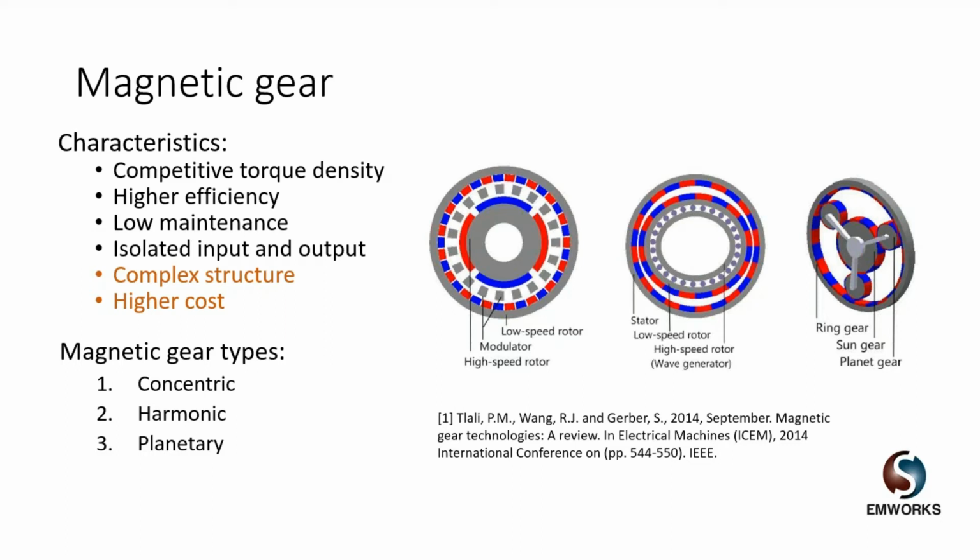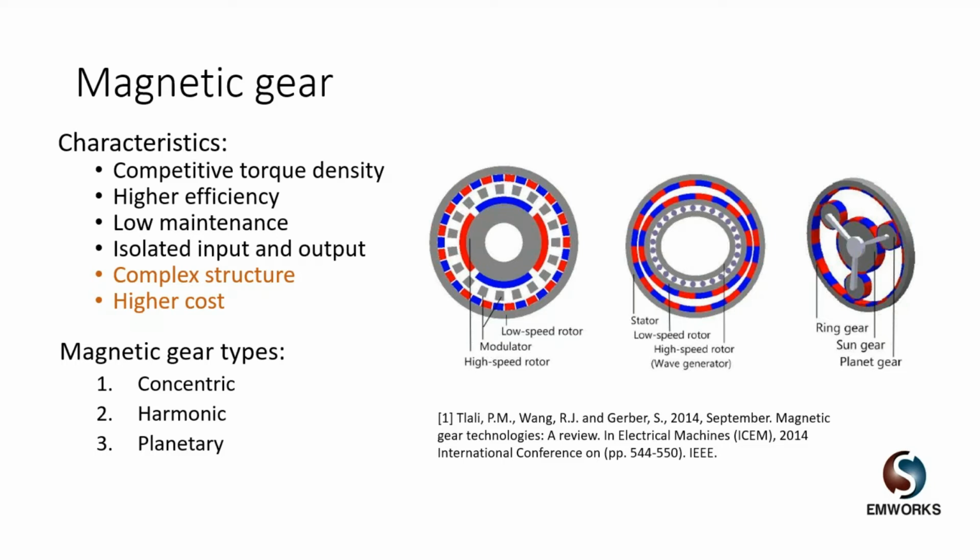However, magnetic gears offer higher efficiency because there is no direct interaction between the gears, and that fact itself takes out some of the losses associated with wear and the friction between the gears and so on. Another big thing is low maintenance. You don't have to lubricate the gears, you don't have to change the oil, and they don't break that easily. Another thing which is also important in some applications is the isolation between the input and the output.